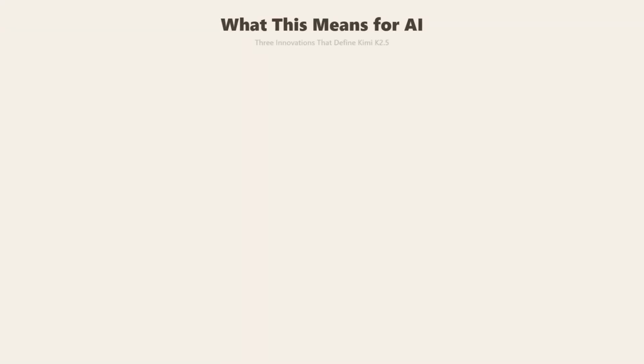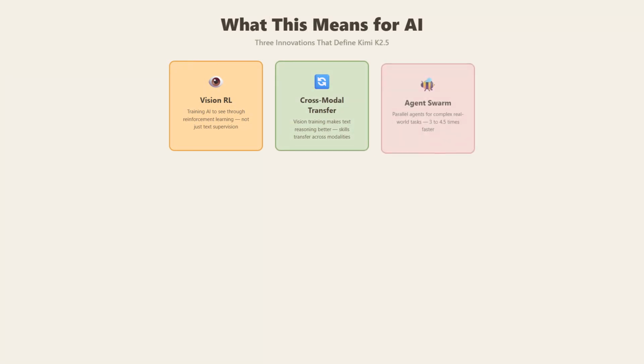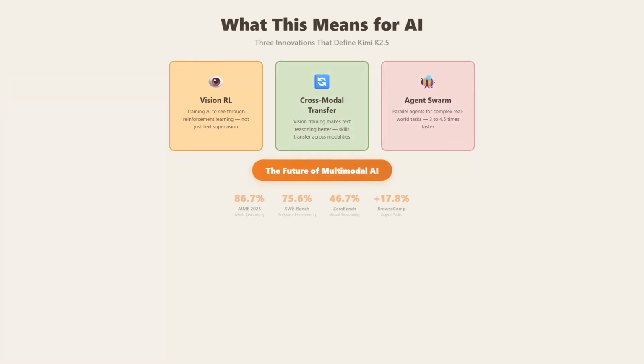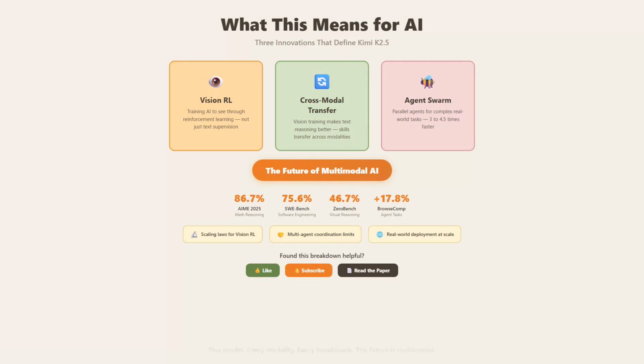So let's step back and look at the big picture. Kimi K2.5 brings 3 fundamental innovations that push the entire field forward. First, Vision RL. The idea that you can use reinforcement learning to teach models not just how to read text, but how to truly understand visual information. Second, cross-modal transfer, the surprising discovery that training on vision tasks makes text reasoning better. Skills transfer across modalities in ways nobody fully expected.